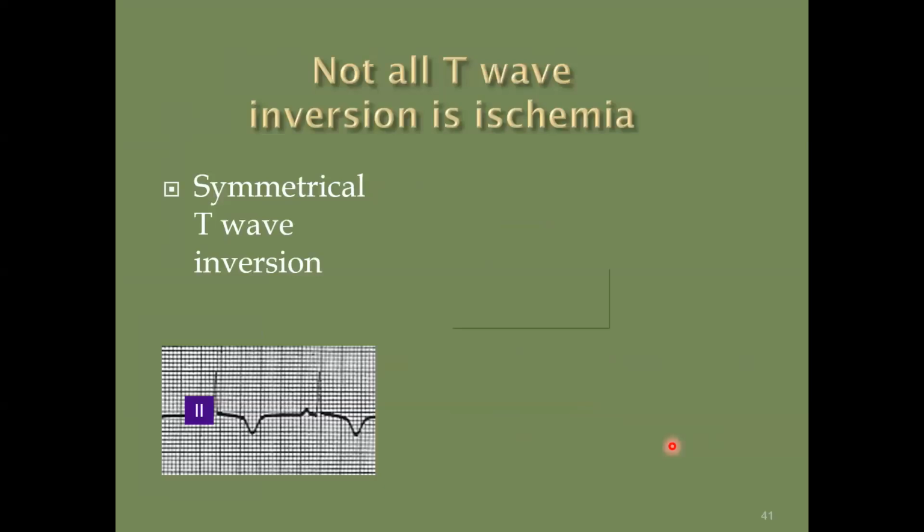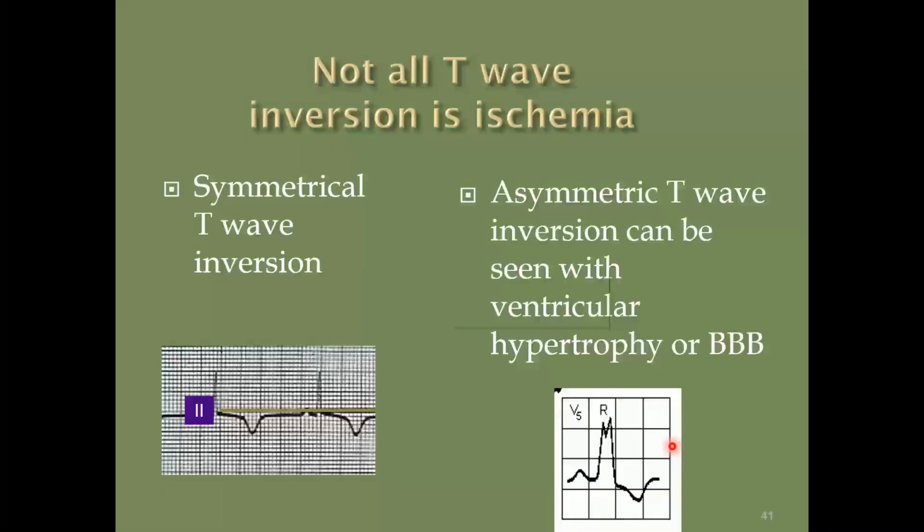All right. Not all T waves are symmetrical. So if you look here, if you look under the line, I like to put a piece of paper or draw a line there. If it looks like an arrowhead, I'm going to call it ischemia. However, if you look at this one on the bottom right, it slopes down. I have abnormal depolarization. If I have abnormal depolarization of the ventricle, I'm going to have abnormal repolarization.